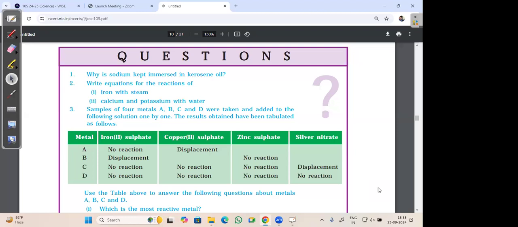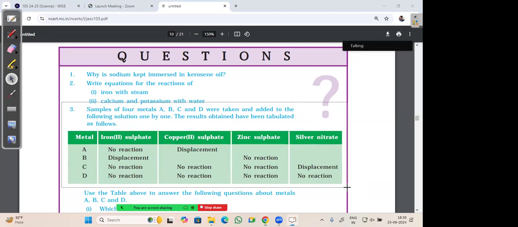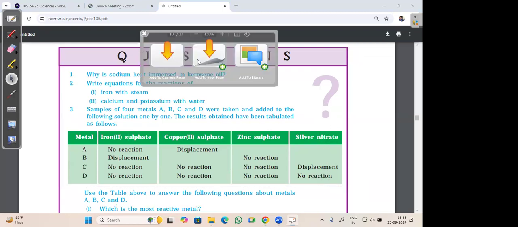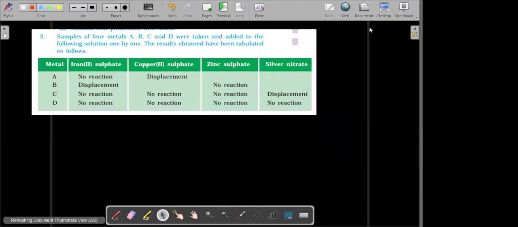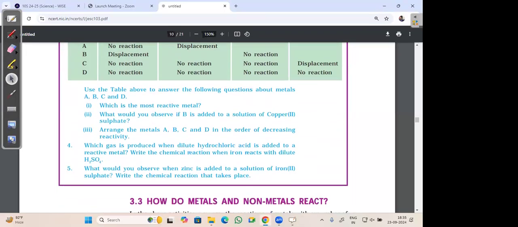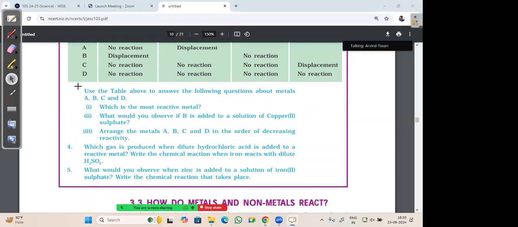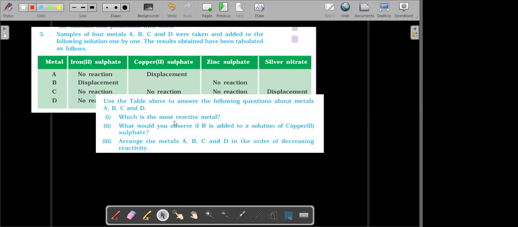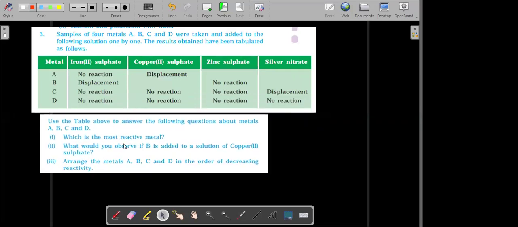Think over this part 3. Third question. So see this. Samples of 4 metals A, B, C, and D were taken and added to the following solutions one by one.